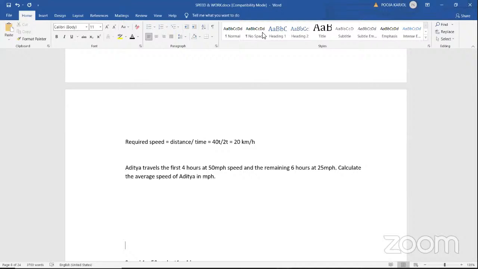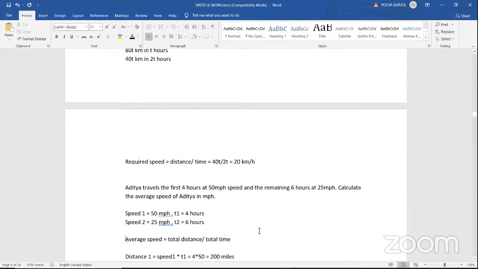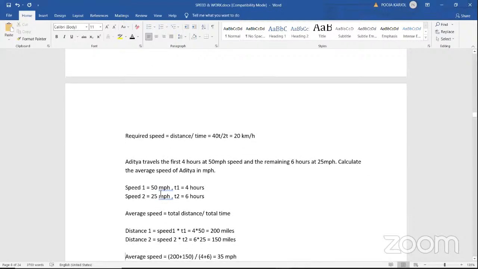35. Yes, 35 is correct. Formula is V1 T1 plus V2 T2 by T1 plus T2. So speed 1 is 50 miles per hour and T1 is 4 hours correspondingly. Speed 2 is 25 and second time is 6 hours.